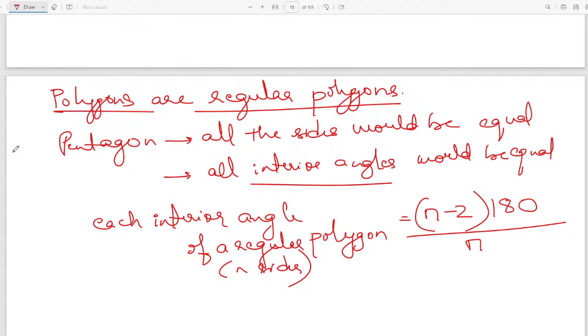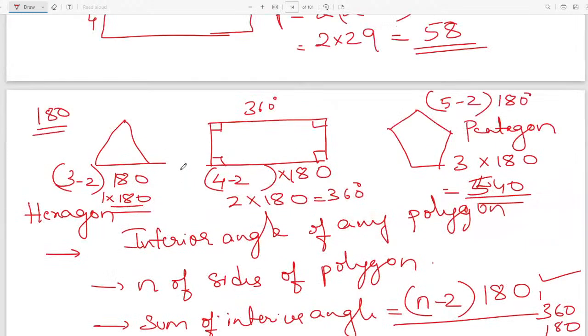In a triangle, the sum of interior angles we have calculated is 180. If it is a regular triangle, then all sides would be equal, and each interior angle would be 180 divided by 3, that is 60 degrees. That is an equilateral triangle.